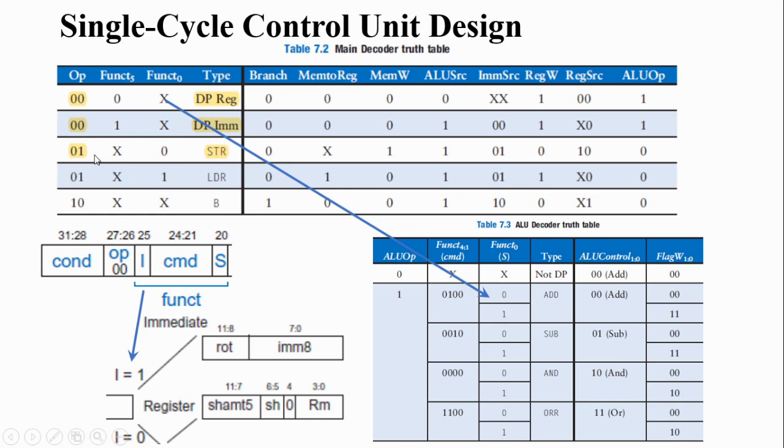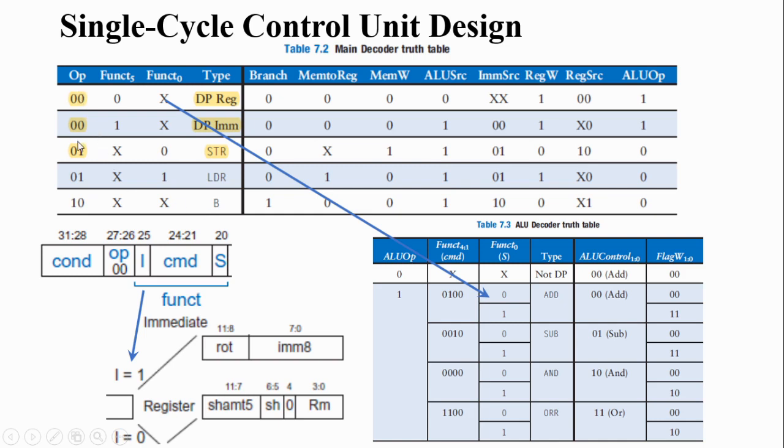The corresponding opcode bits should be 01. So 00 stands for data processing instruction, 01 stands for load or store, and with 01 you need to set the function 0th bit as 0 for store and as 1 for load. And 10 represents branching, right?